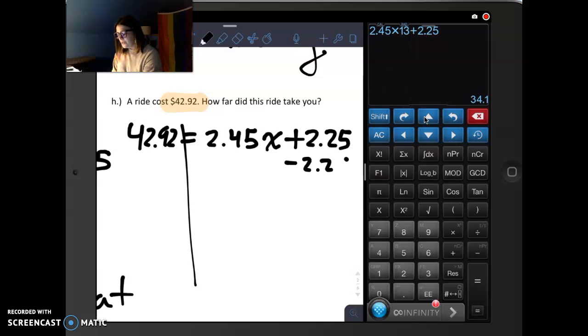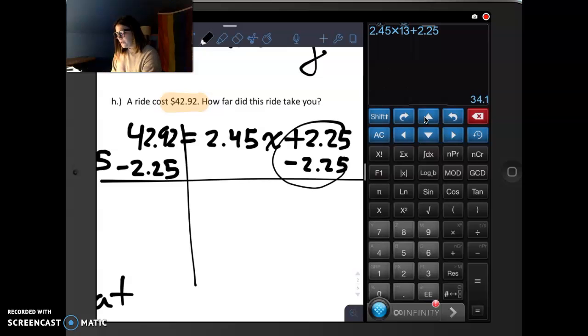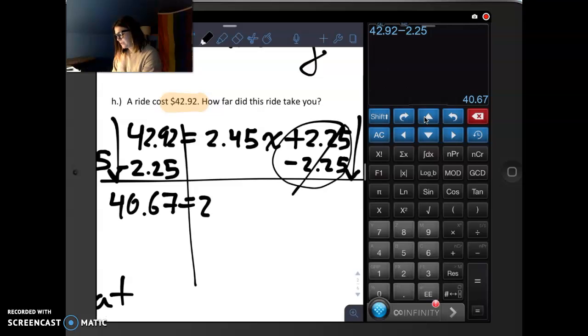So this is just a two-step problem. Don't be scared of all the little decimals. We're just creating a 0 here, adding from top to bottom, 42.92 minus 2.25. We get 40.67 is equal to 2.45 times x.